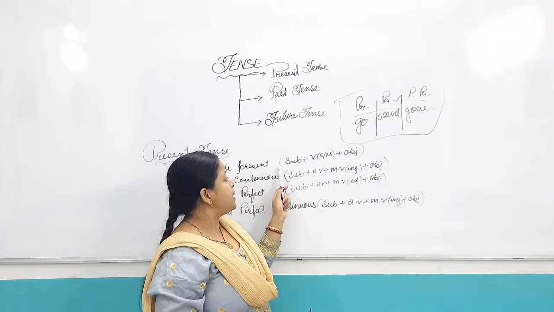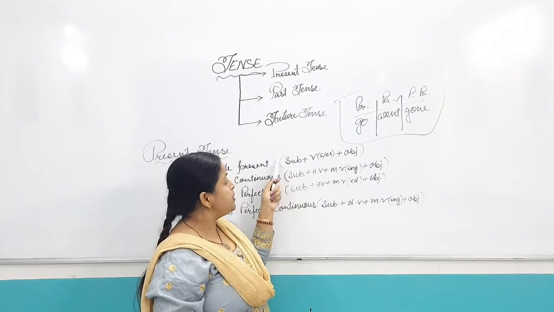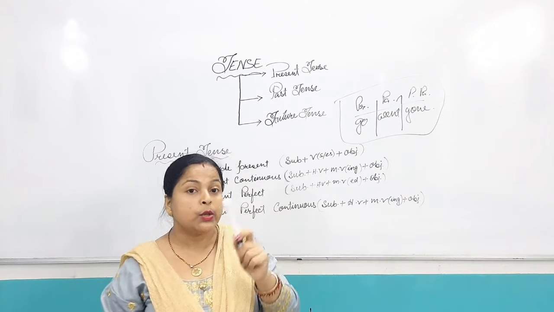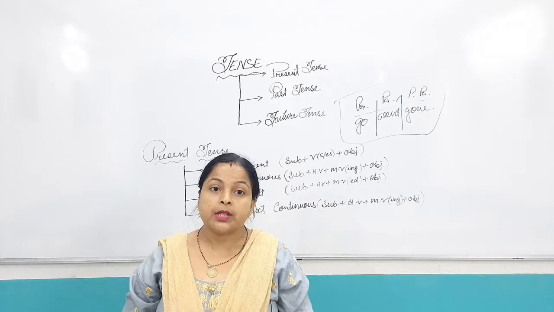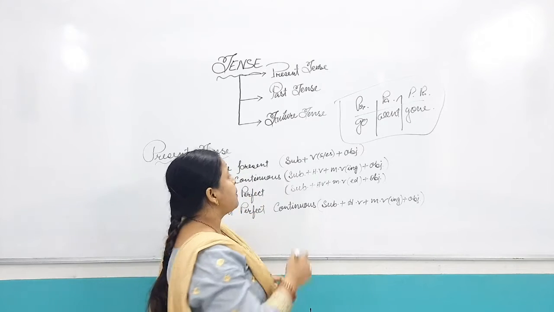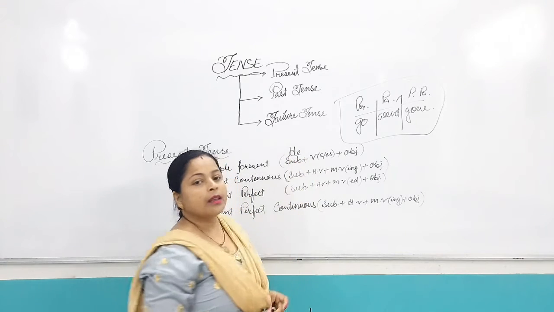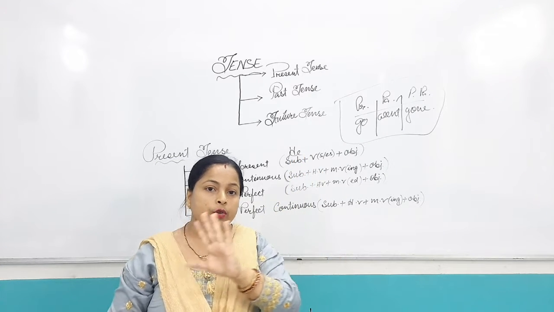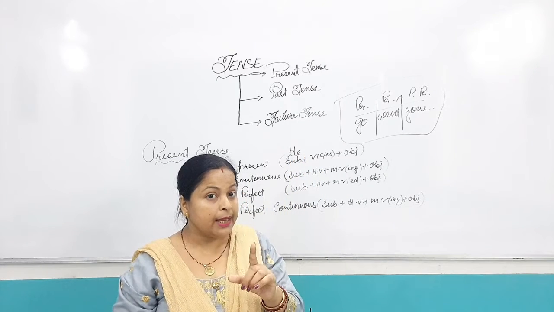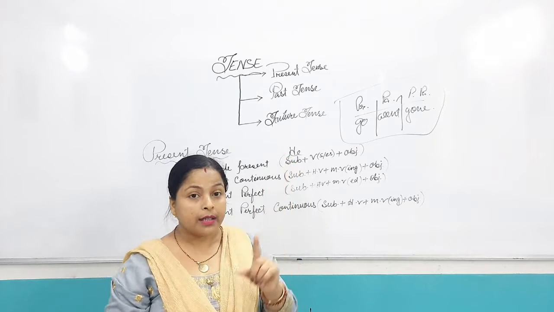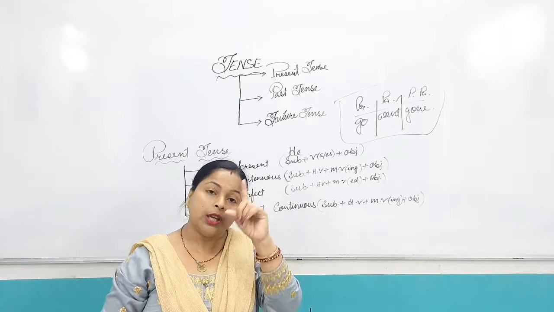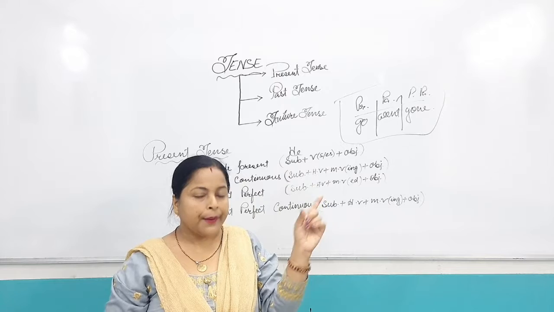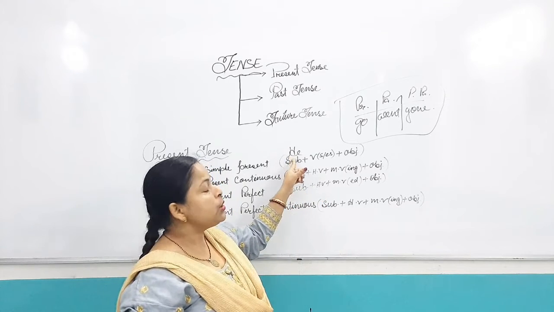So in simple present tense, if the subject is third person singular number, meaning only one. For example, if I say he, here I have not written you, I have written he. So he is the third person and he means only one person, so singular number.